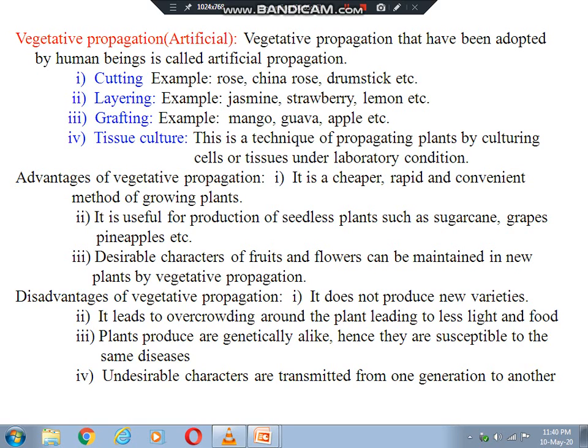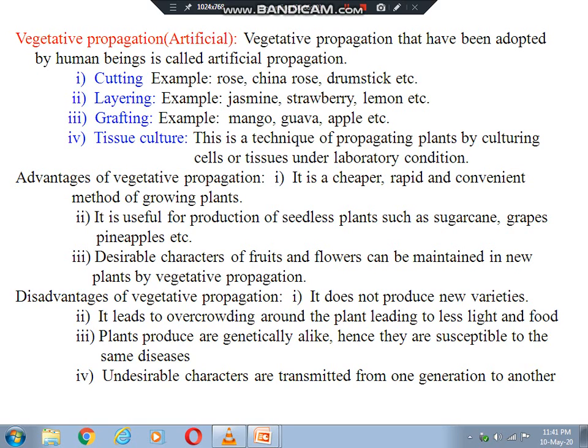Then number 3, plants produced are genetically alike, hence they are susceptible to the same diseases. That means if the parent plants are having any disease, the same disease will be in the offsprings, I mean new plants. We cannot avoid it. It is also a kind of disadvantage. So number 3 is completed.